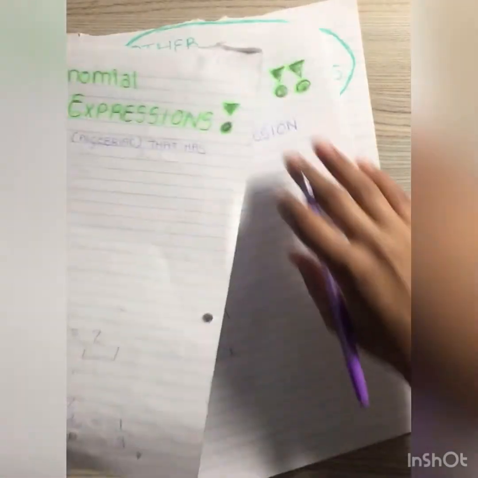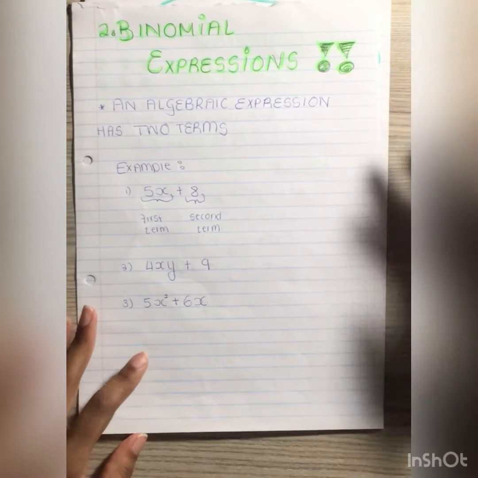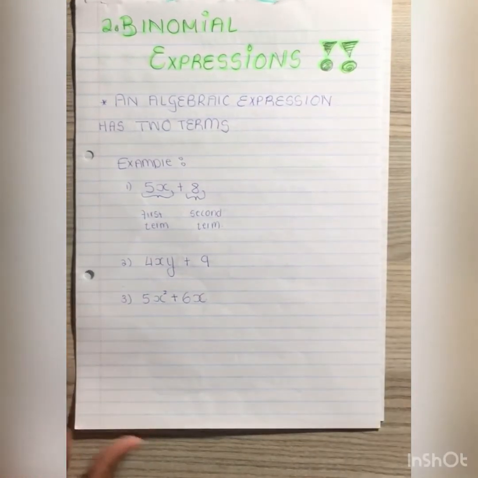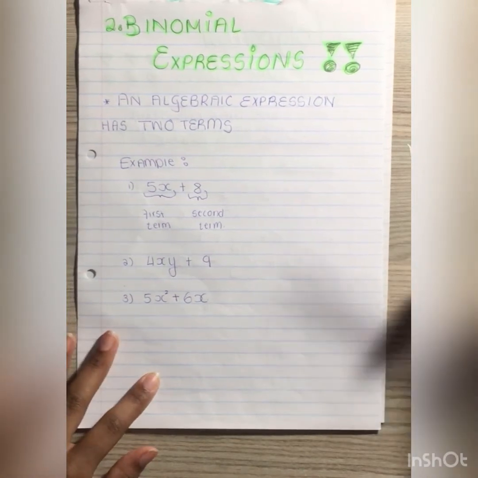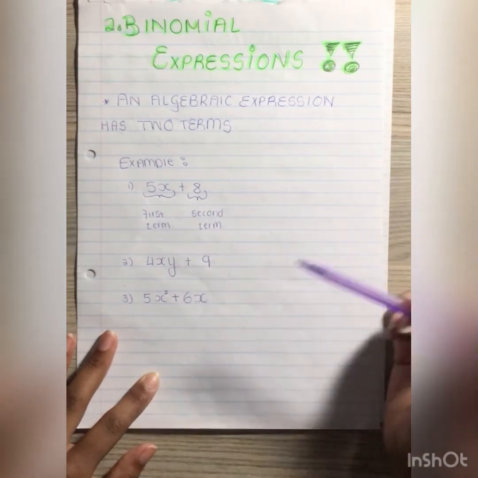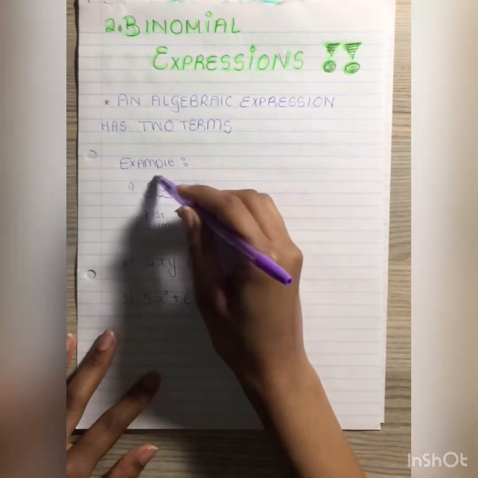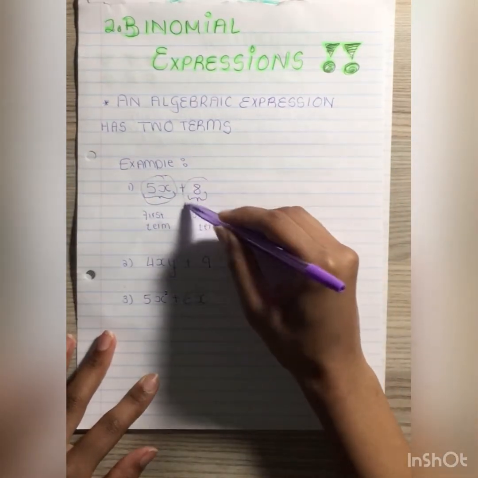Okay, then we go to binomial expressions. Binomial expressions are algebraic expressions that have two terms. So, for example, we have 5x plus 8. The first term would be 5x and the second term would be 8.